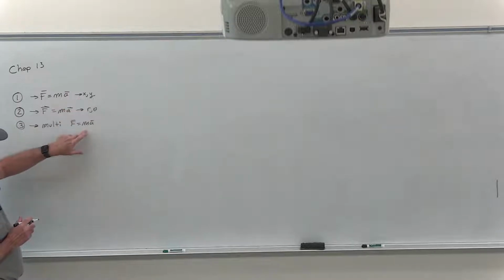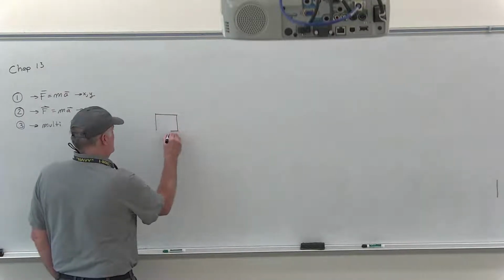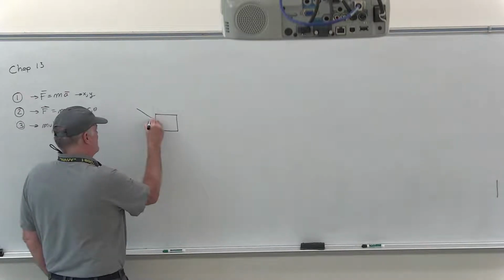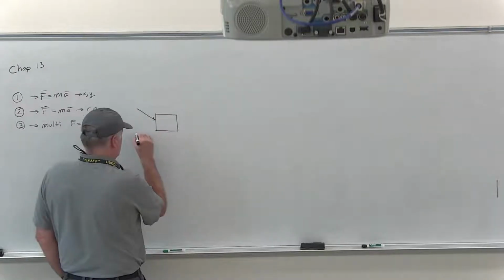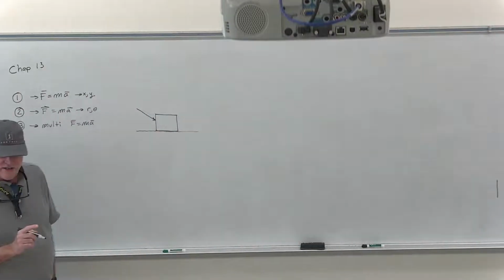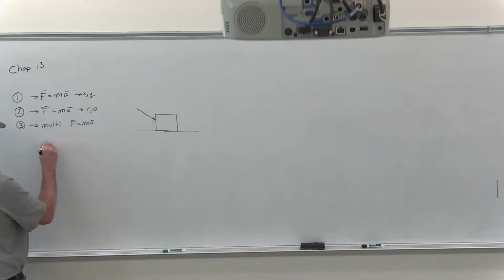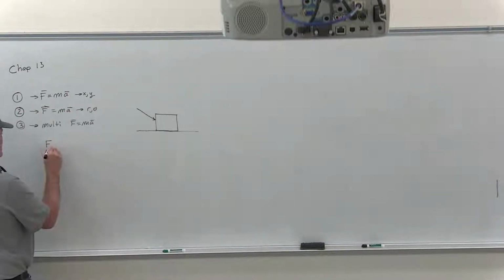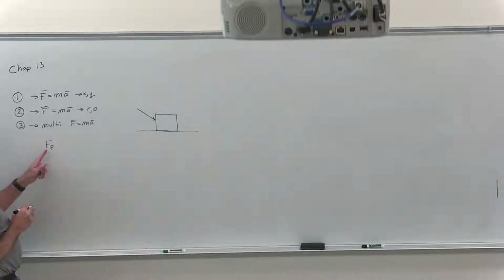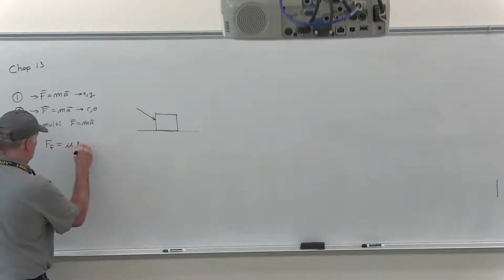These are kind of easy, but let's just take a simple block and let's say somebody's shoving it. We had that thing for friction back in statics, where force, usually it was listed like that, and it was mu normal.